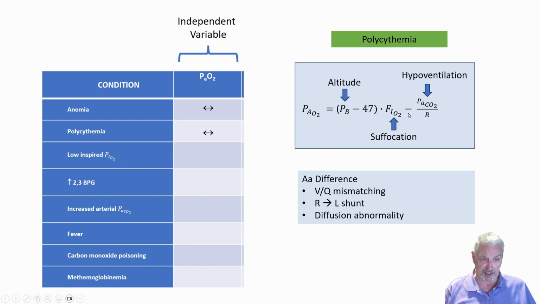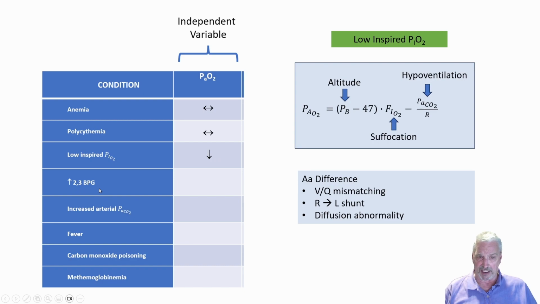And so we're talking about a decrease in this term, and obviously if that term decreases, P big AO2 will decrease, and therefore P little AO2 will decrease. So low inspired oxygen, a decrease in P little AO2. So if PiO2 decreases, P little AO2 decreases.